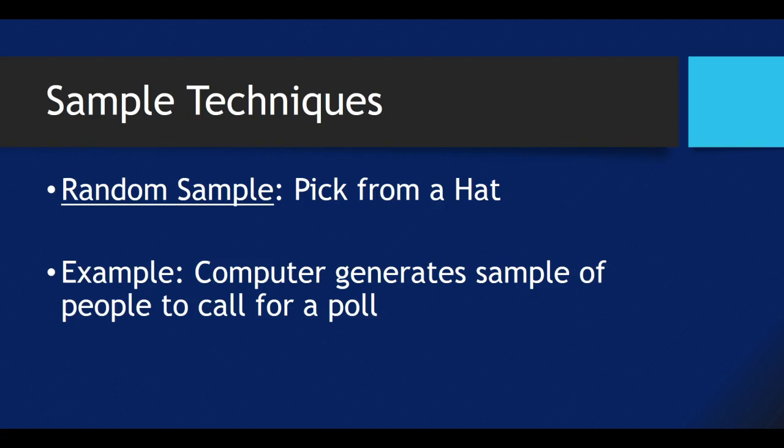And so how they would do that is they'd have some sort of a big computer bank that can generate names of people to call for, you know, in the case you're doing a poll, in the case you're doing something else. All right. So a random sample means there's no sort of a conscious decision of who to pick or how this is coming up.